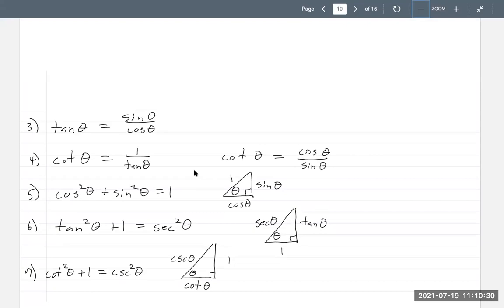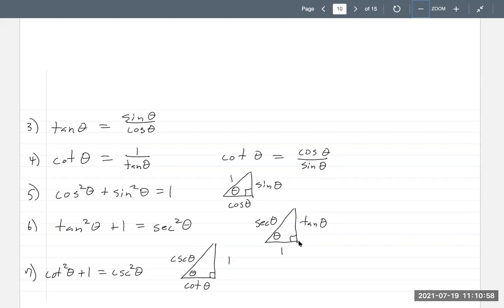And we have the Pythagorean theorems. Cosine squared theta plus sine squared theta is 1. So if this is theta, and I have 1 for the length of the hypotenuse, then the length of the adjacent is cosine theta. The length of the opposite is sine theta. Next, we have that tangent squared theta plus 1 is secant squared theta.